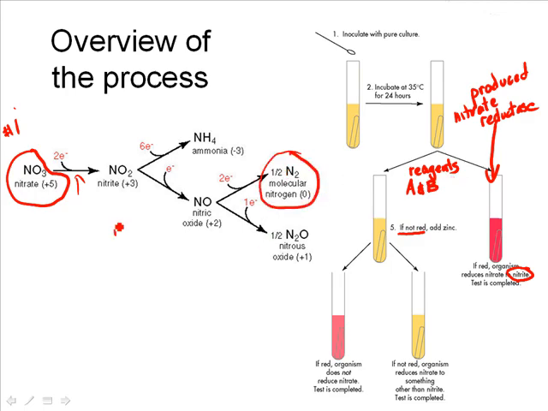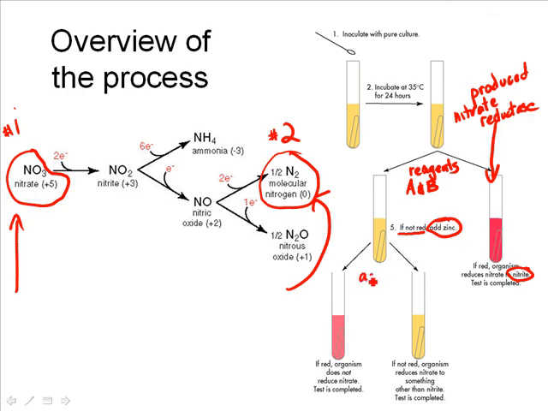Remember, reagents A and B detect the presence of nitrite. Well, you're not going to see nitrite in a tube that's already converted it to molecular nitrogen. So that is possibility number two. So how do we figure out if we're stuck here or if we're finished over here? You then add your zinc and HCl.